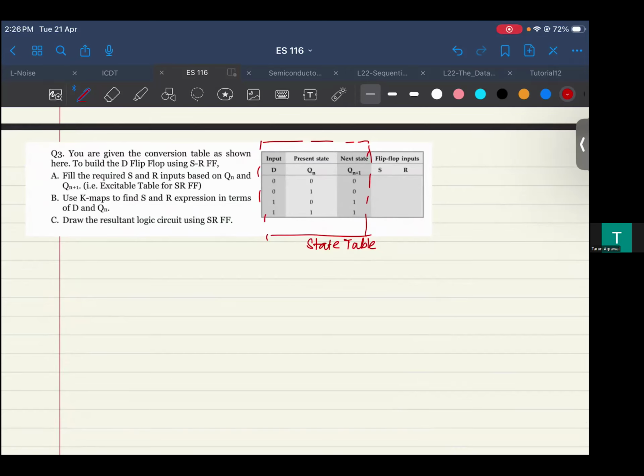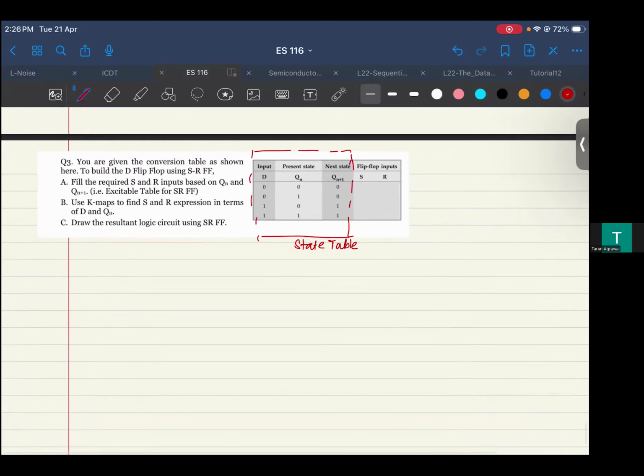Now, we know that we have to use the SR flip-flop, so that is the flip-flop we are using. For this, if one needs to write the truth table, you all know: if S and R are both 0, Qn+1 will take whatever Qn was.